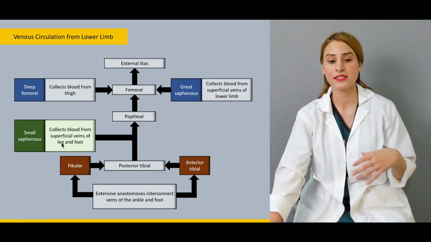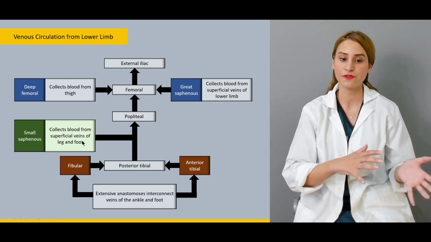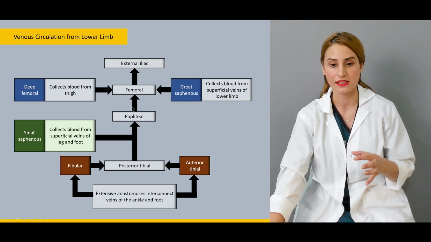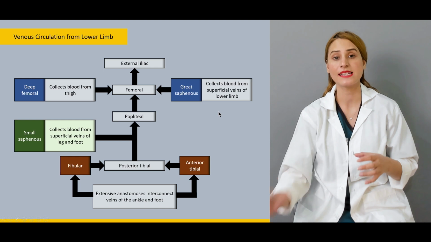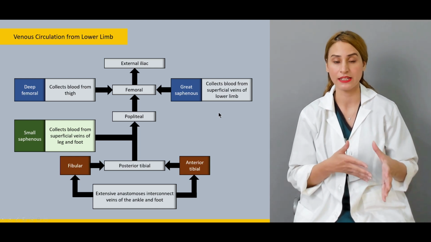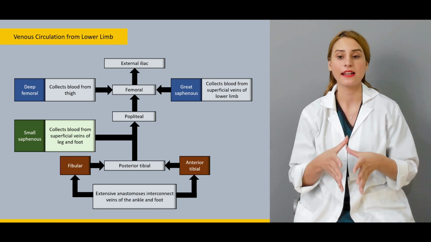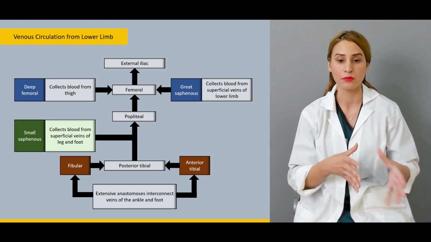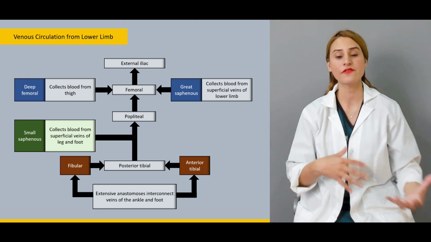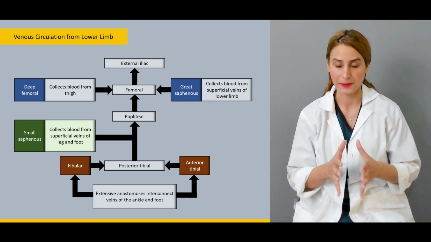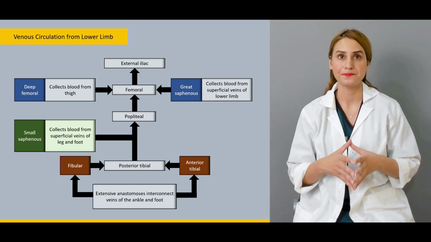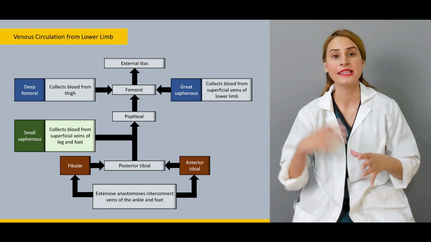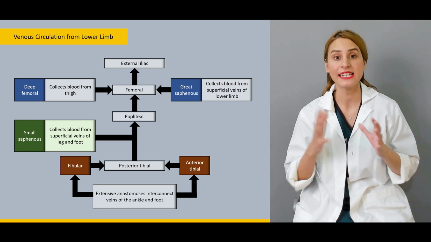The small saphenous collects blood from the superficial veins of the leg and foot and drains into the popliteal, and the great saphenous, running more medially along with the saphenous nerve, collects blood from the superficial veins of the lower limb and drains into the femoral, which ultimately drains into the external iliac.